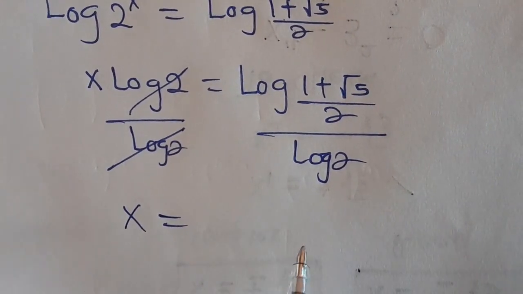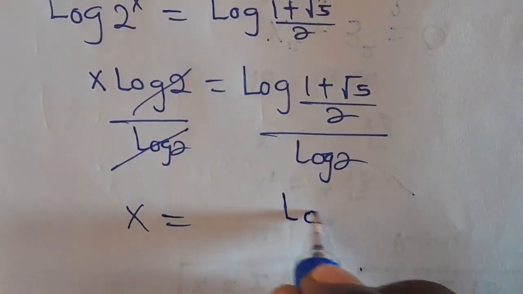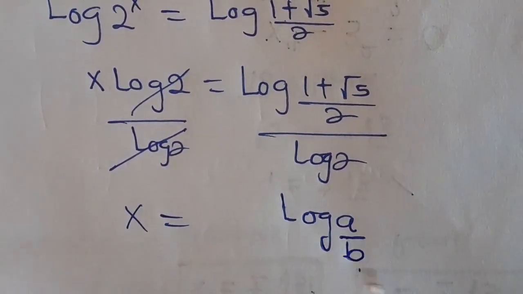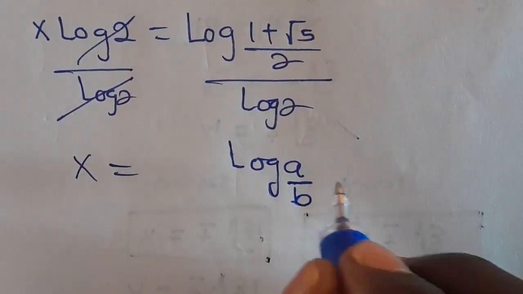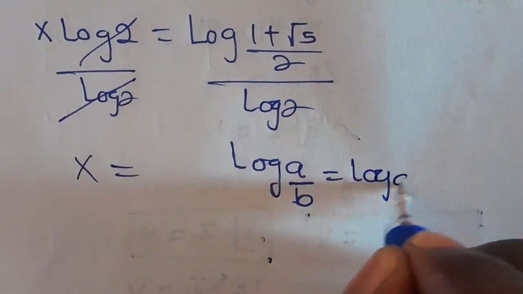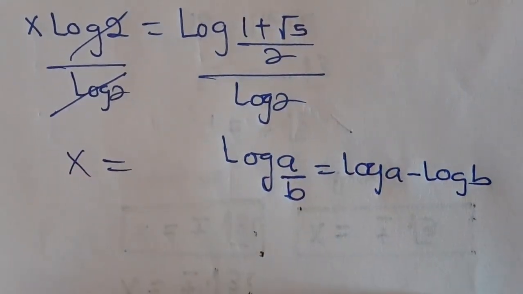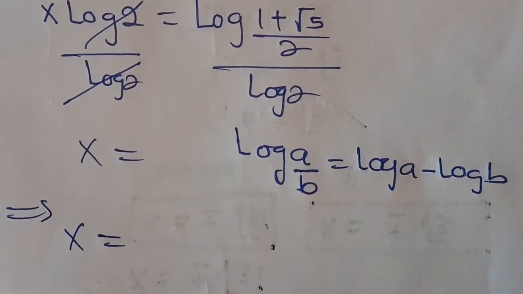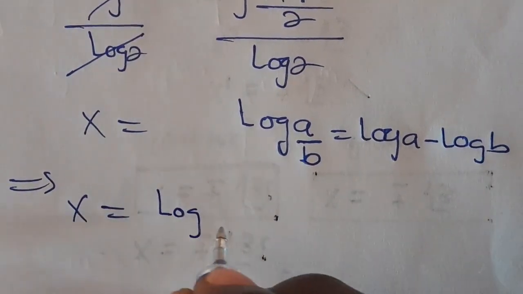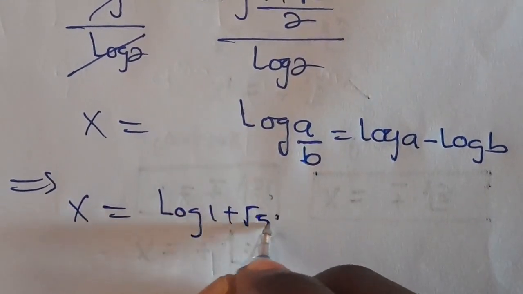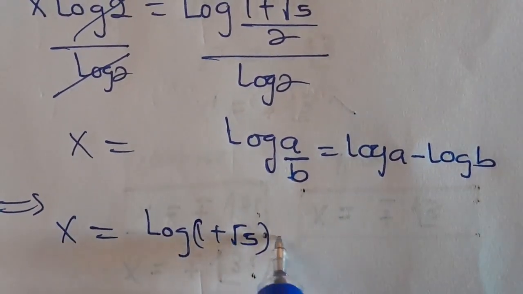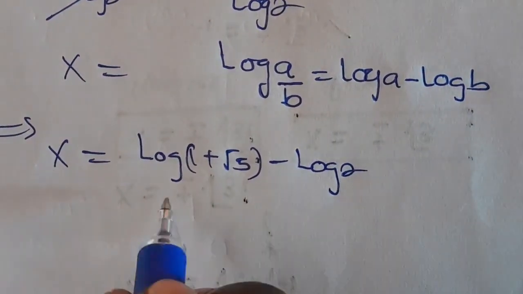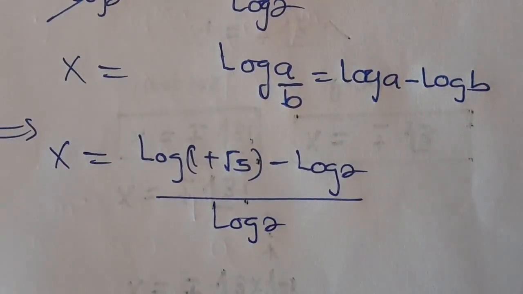Now according to the law of logarithm, when you have log a divided by b, this will give you log a minus log b. So this implies that we are going to have our x from here as log of (1 plus root 5), then minus log 2, then divided by log 2.